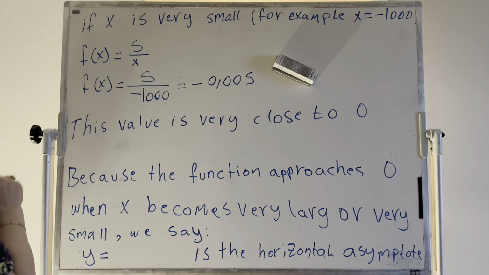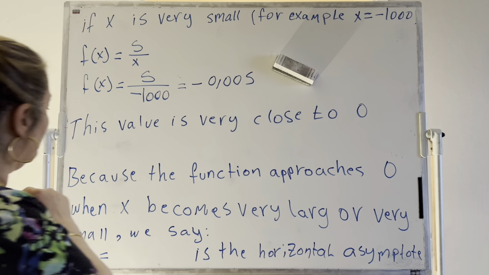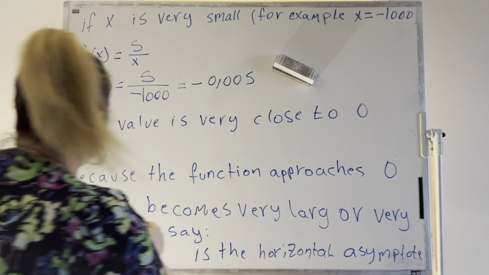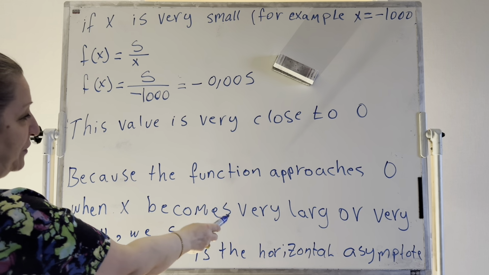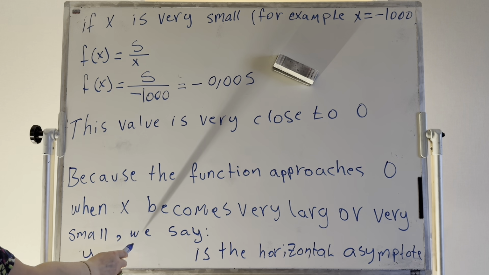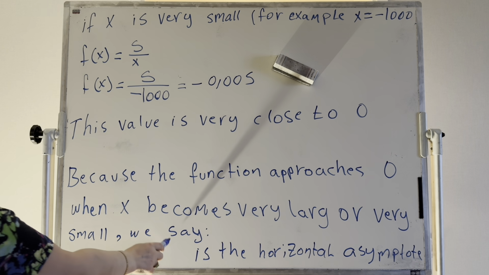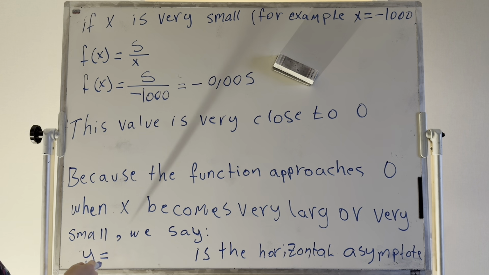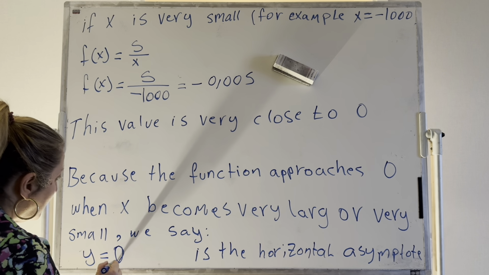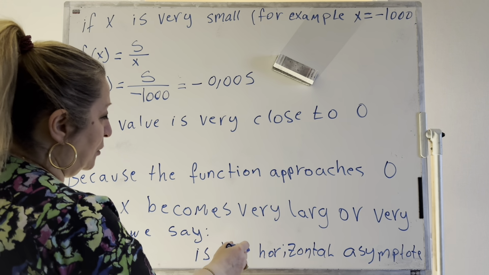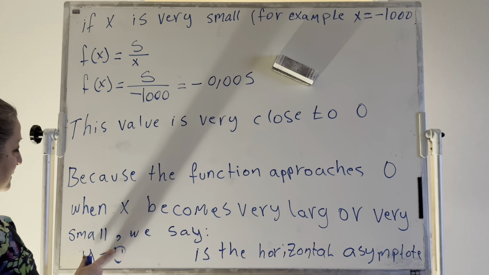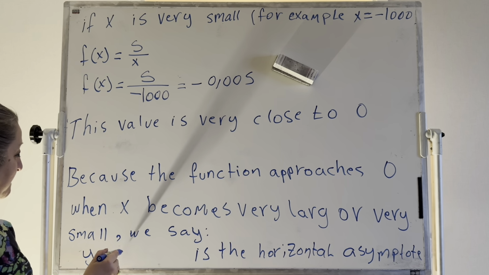This value is very close to 0, because the function approaches 0 when x becomes very large or very small. We say y equals 0. This is a horizontal asymptote.